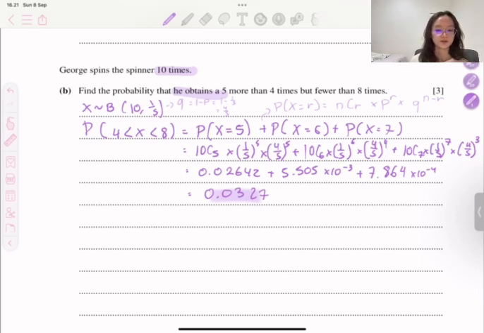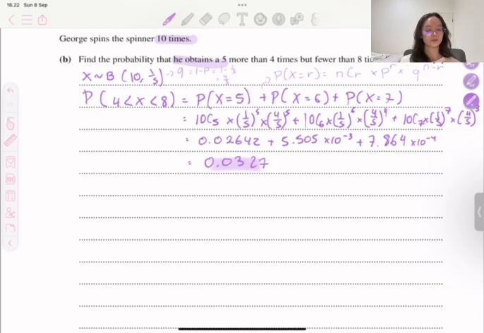So we can find this by adding up the probabilities of him getting a 5 in 5 tries, 6 tries, or 7 tries. So this will be the probability of x equals 5 plus the probability of x equals 6 plus the probability of x equals 7.